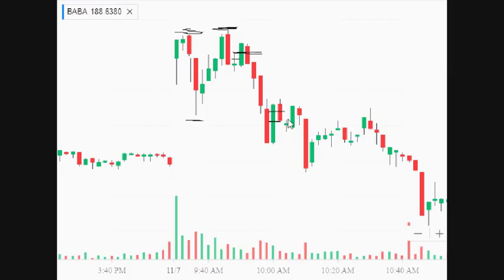Now, what you could have done is when you see it fail, go right there, fail, fail, you might enter another short position right about there, and you see it bounce. You might have made out just a little bit or pretty close to a scratch trade. So on the short term, we're getting higher highs and higher lows. And about here, when we're starting to break down again, I might consider doing another short position.